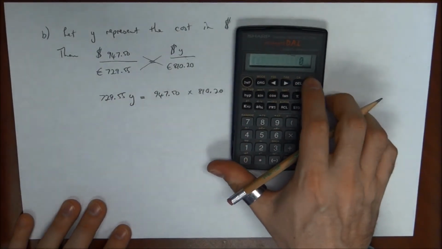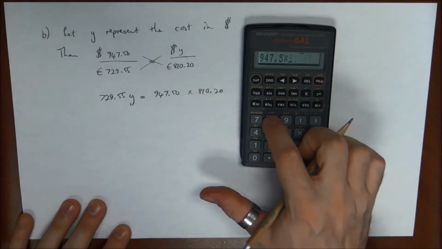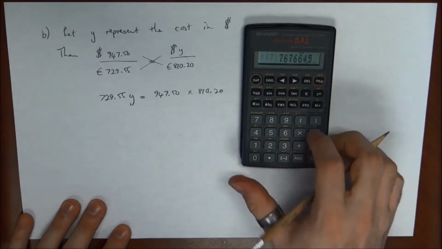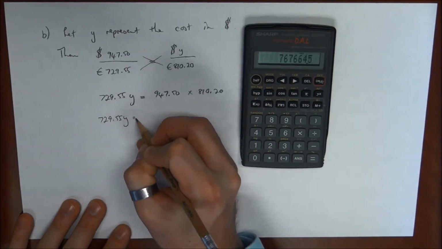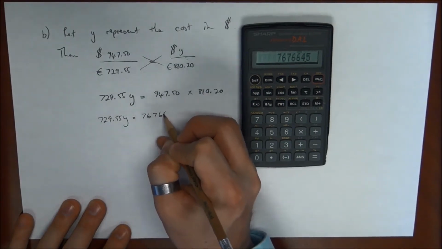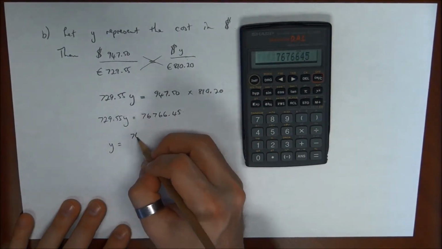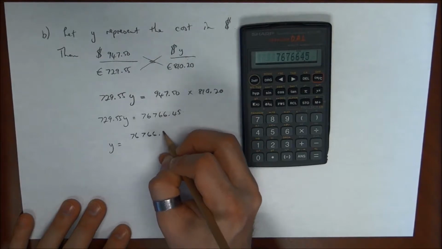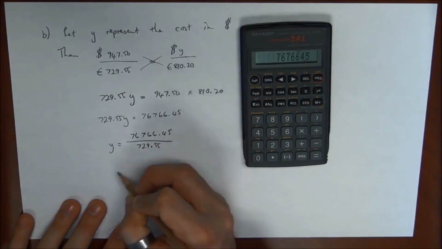Let's multiply that. 947.5 times 810.2. So 729.55Y equals 76766.45. So Y equals 76766.45 over 729.55.